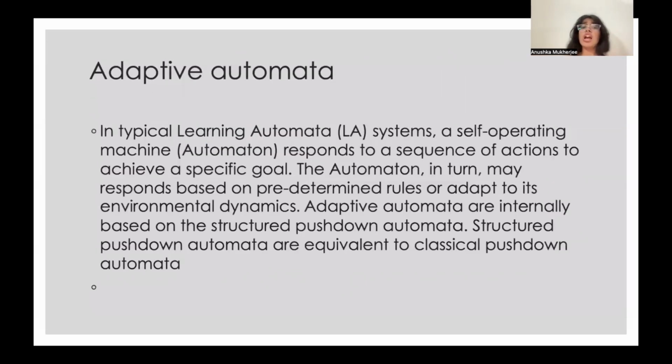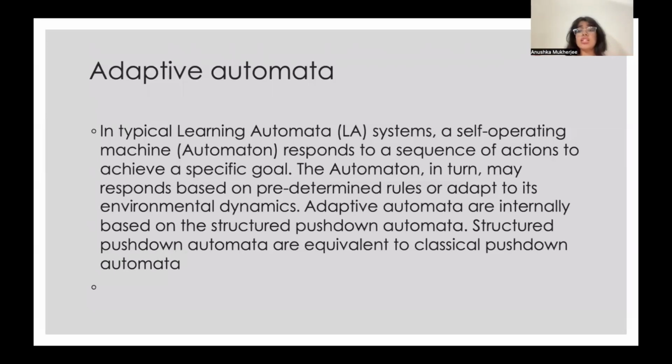Now we have something called an adaptive automata. It is basically a typical learning automata system, which is a self-operating machine and responds to a sequence of actions to achieve a specific goal. In the example we had taken before of chess, the sequence of movements of all the pawns will result in either the computer winning or the user winning, to reach the specific goal of checkmate.